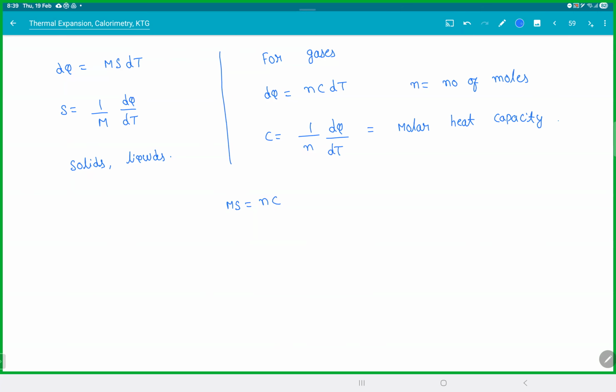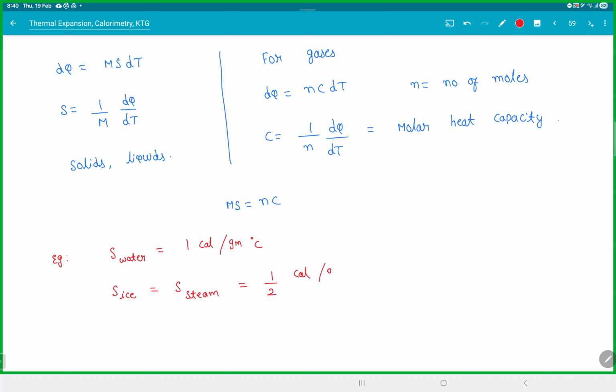So there are a few values which you need to remember. Specific heat capacity of water is 1 calorie per gram per Celsius. Meaning if I give 1 calorie to 1 gram of water, it will change the temperature by 1 degree. Specific heat of ice and specific heat of steam is half calorie per gram per Celsius.